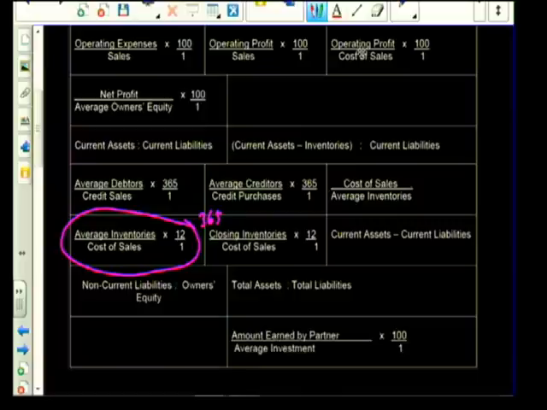Most textbooks publish both of them. This one that I've got has got times 12 over 1. I'm going to do it times 365. If you do it times 12, it gives you the number of months, because there are 12 months in the year. If you do it times 365, it gives you the number of days, because there are 365 days in a year. So I'm going to use that one, which is average inventories over cost of sales.